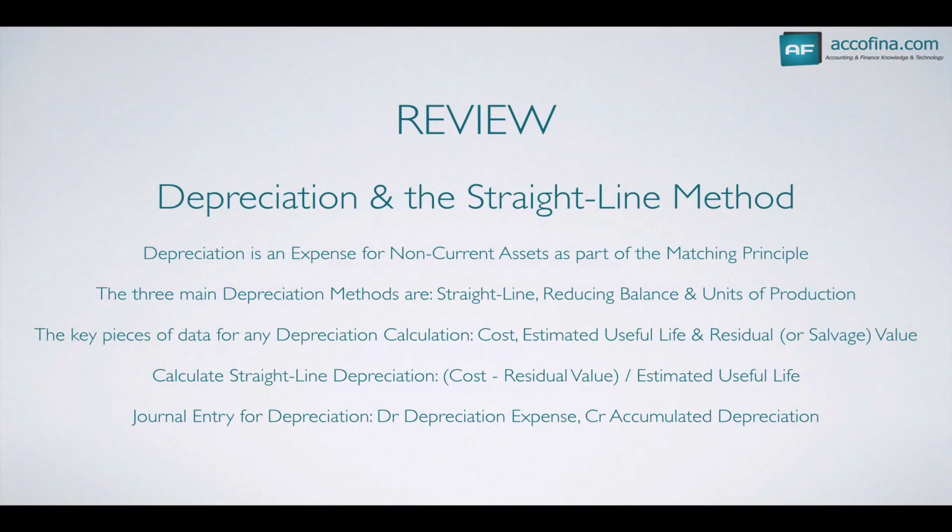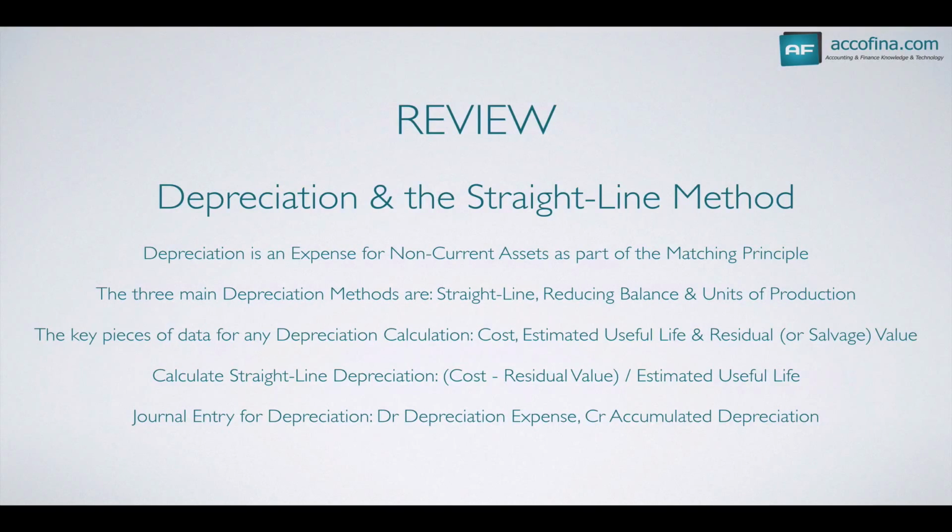Okay, let's review what we covered. Depreciation is an expense for non-current assets as part of the matching principle. The 3 main depreciation methods are straight line depreciation, reducing balance, and also units of production depreciation. The key pieces of data for any depreciation calculation are cost, estimated useful life, and then the residual or salvage value.